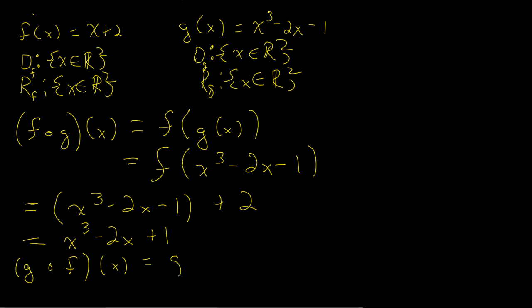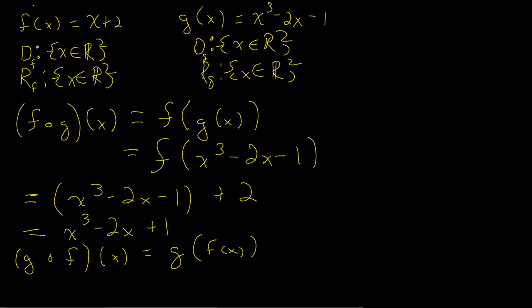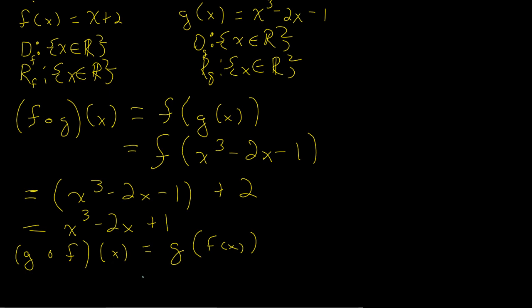This is saying whatever g is gets the function of f into it. And so this says into g, I'm going to put x plus 2 wherever I see x.